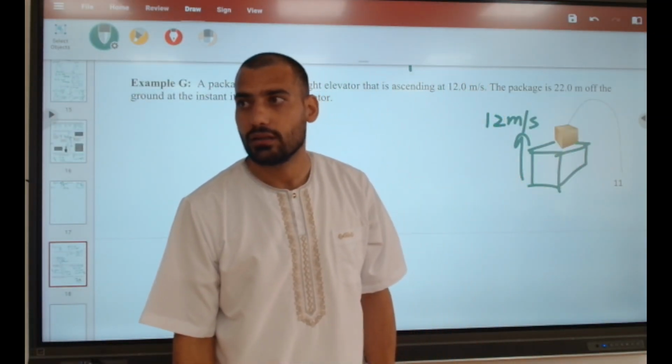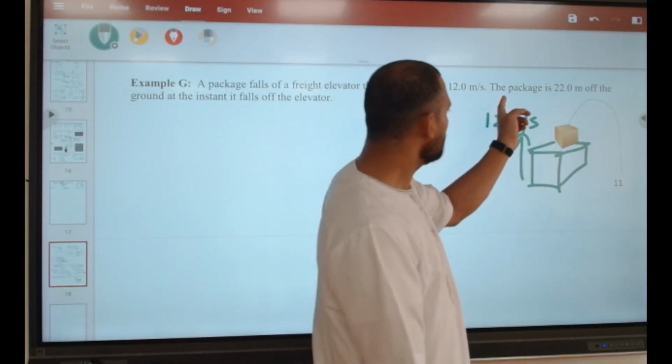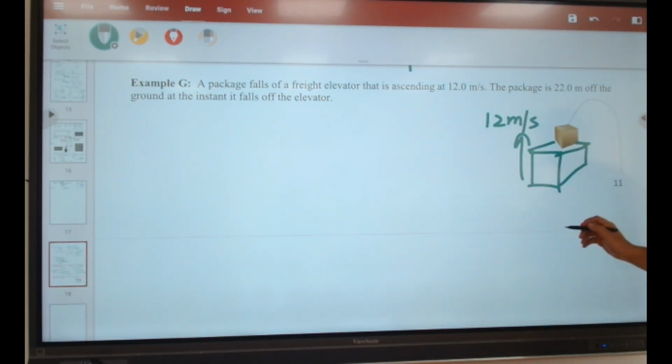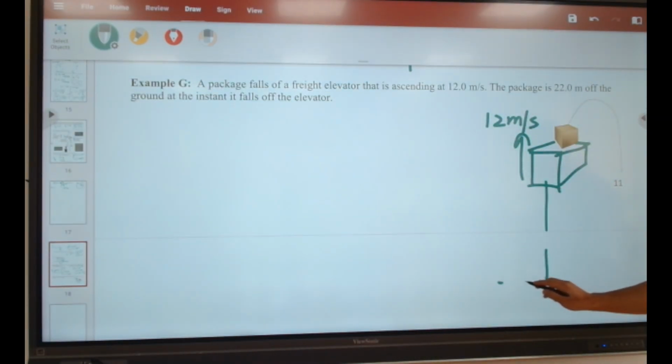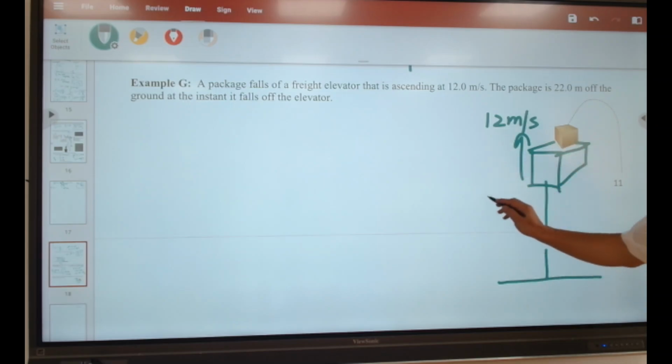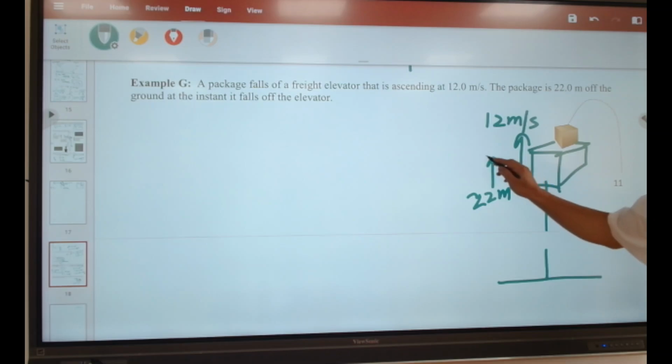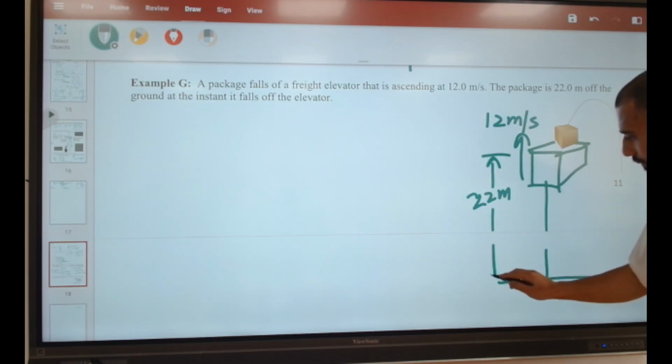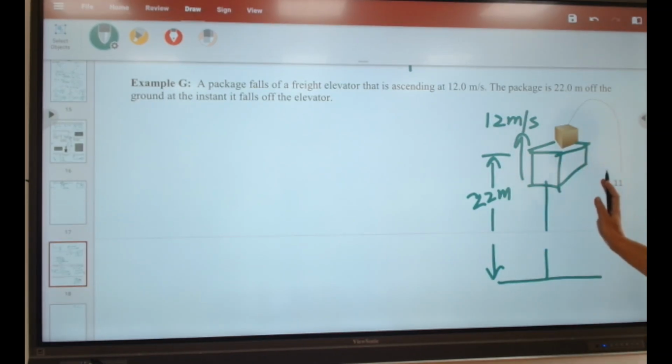The question is, the package is 22 meters off the ground. So, from the ground, this height already is how much? 22 meters, okay? Up to this point. This is the information given to you.